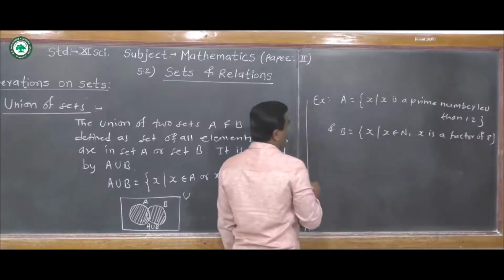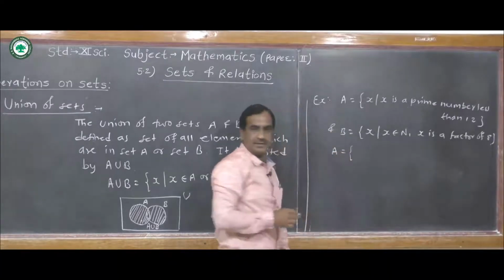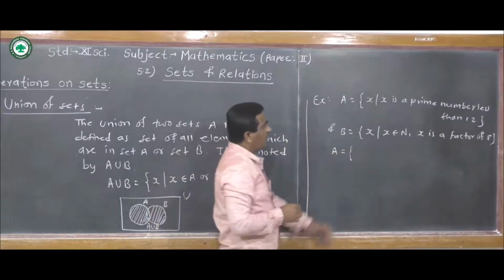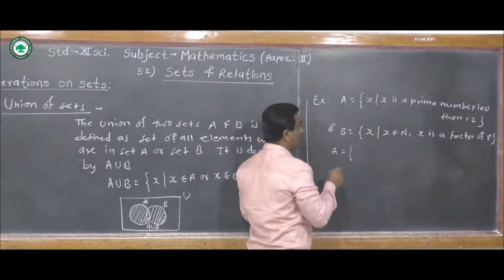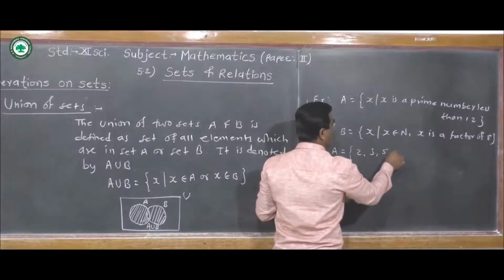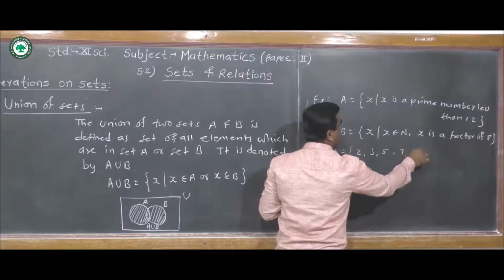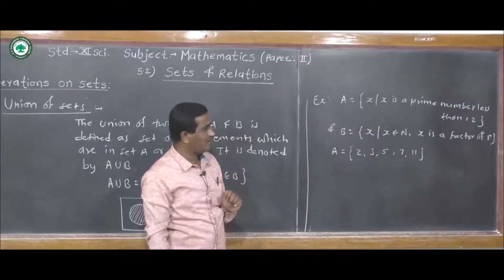Now set A can be represented in roster form. X is a prime number less than 12, that is, these numbers are 2, 3, 5, 7 and 11. These are the prime numbers which are less than 12.